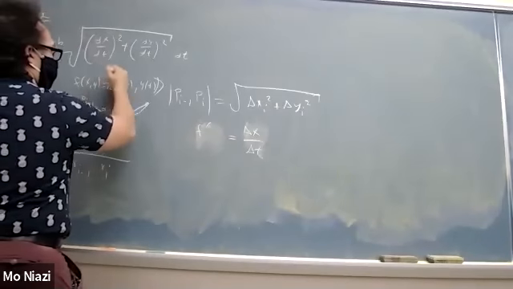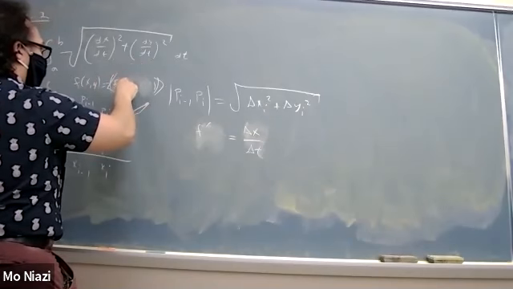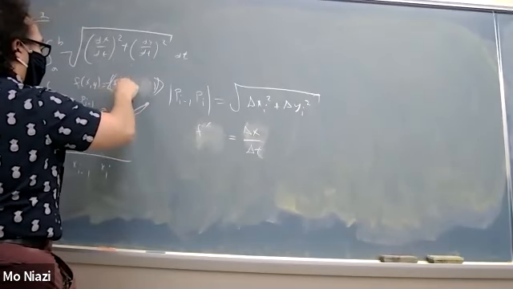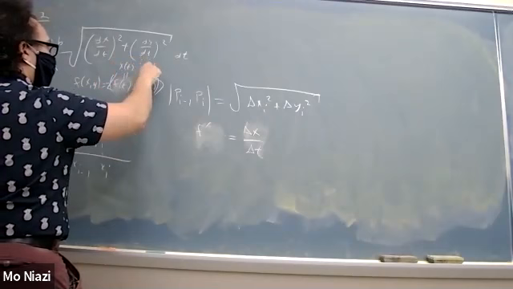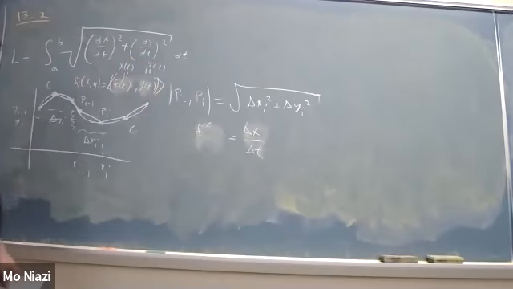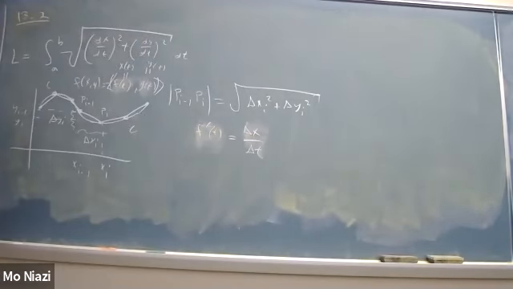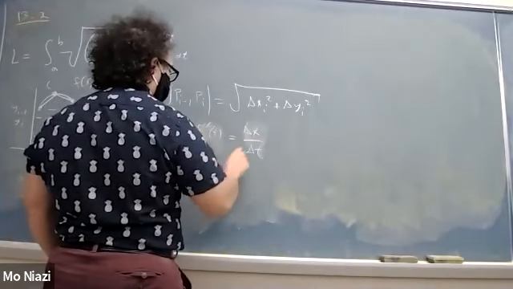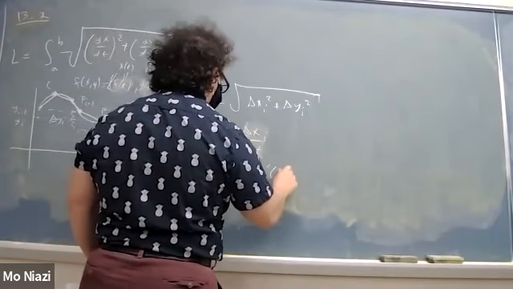And actually, I want to not call this x because it gets confusing. I want to call this some function of t. Set x of t to some function of t, and set y of t to some other function of t. Let's say g of t. Then f prime of t is a change in x over change in time. And so your delta x, or even your delta x_i, is going to equal delta t times f prime of t.